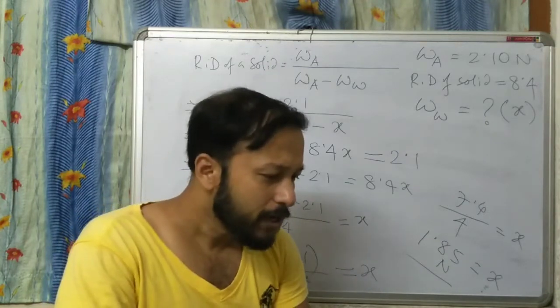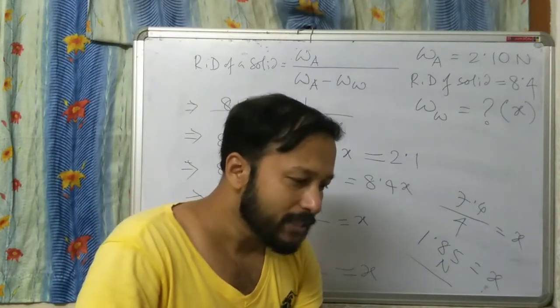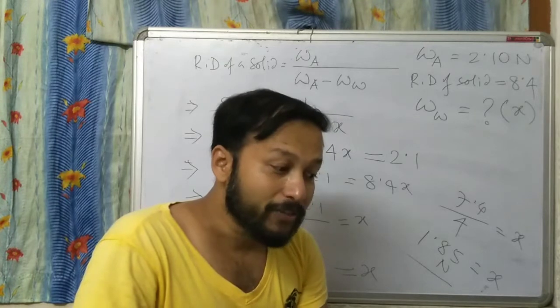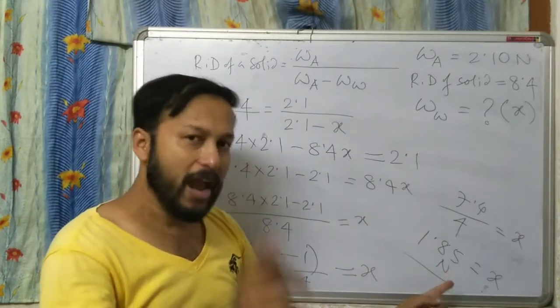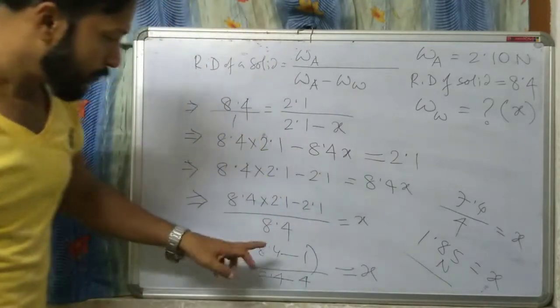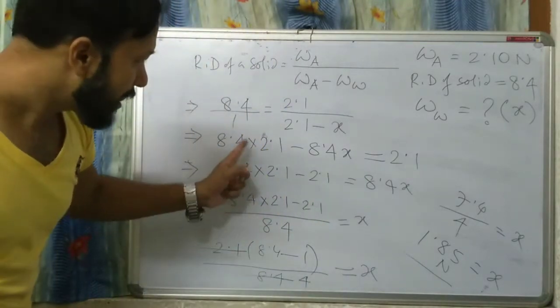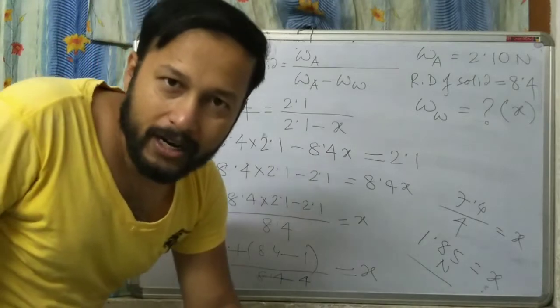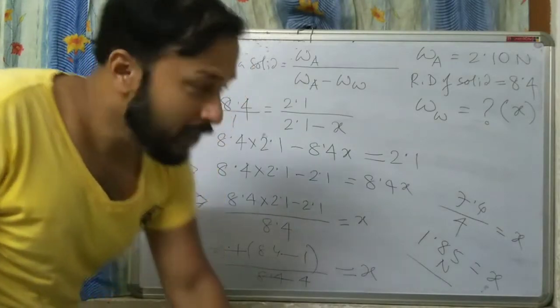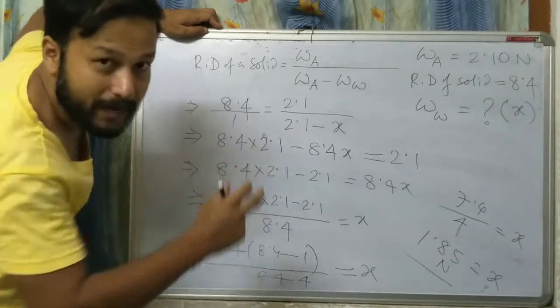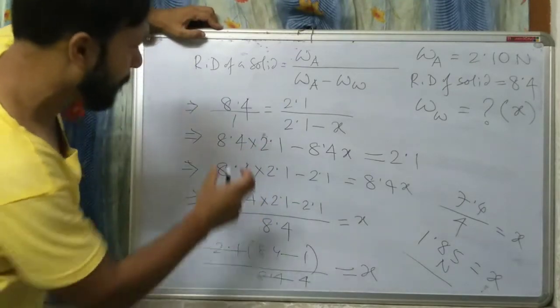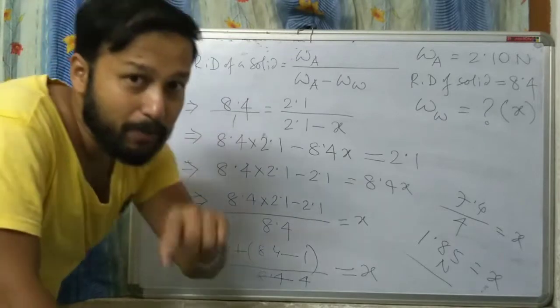What do you have to find? Yes, we have to find the weight of that body when it is placed in water. That is 1.85. And don't be confused with this calculation. You can multiply it here, 8.4 into 2.1, but I am not multiplying because it's a big calculation and decimal points are also there.